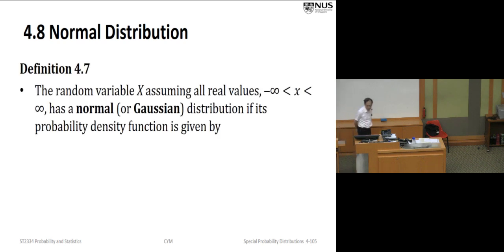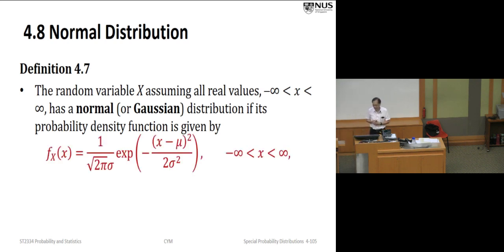A random variable x, which takes any values between minus infinity and infinity, that means any real numbers, is said to follow a normal distribution if the PDF is given by this form.